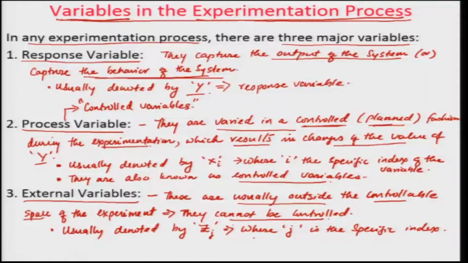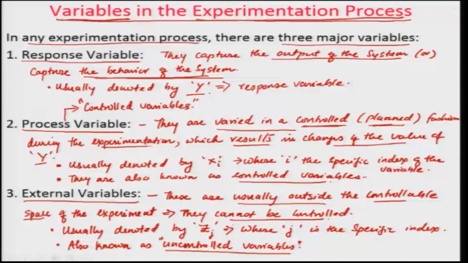They are also known as uncontrollable variables or uncontrolled variables, because they are outside the control space of the experiment. So, you cannot control these variables.